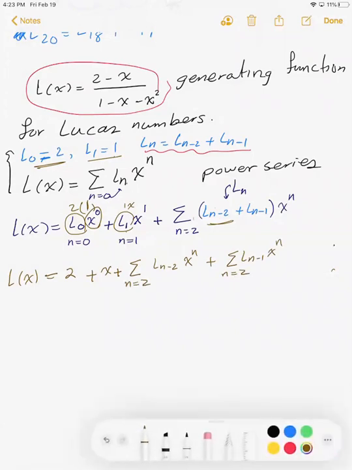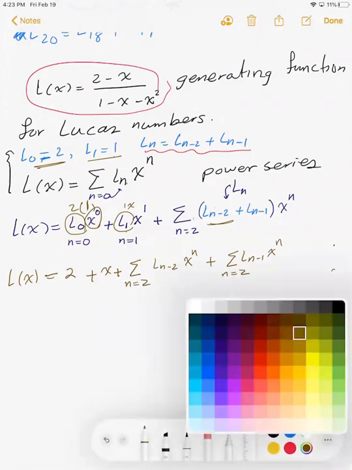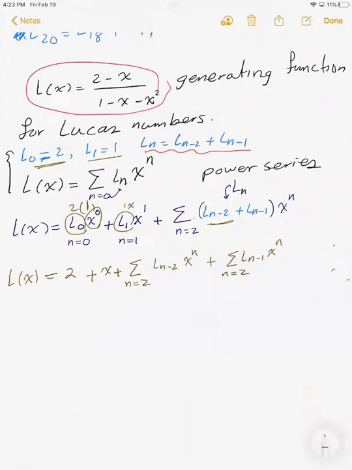Because eventually I want to do some algebra here, I need to change this n equal to 2 to n equal to 0 because I want to substitute this eventually. So for this substitution, I need to have a 0 here. So if I change this to n equal to 0, I have to adjust these subscripts. So if n is equal to 0, I have to change n minus 2 to n, but then I have to change this to n plus 2.